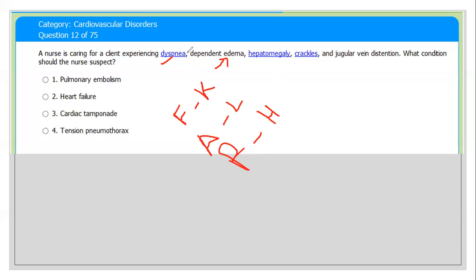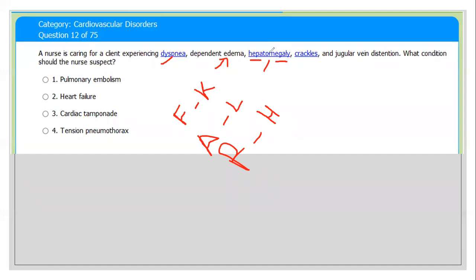My patient has dyspnea, edema, and hepatomegaly. Hepatic means liver, megaly means bigger in size, so the patient has liver enlargement.